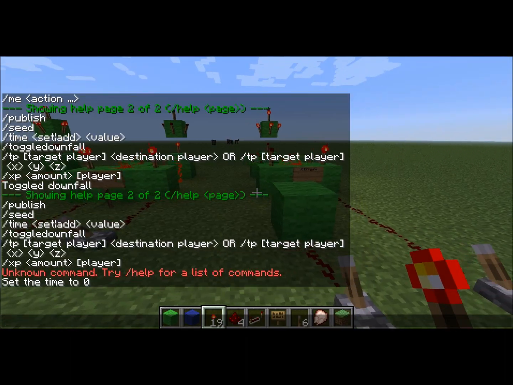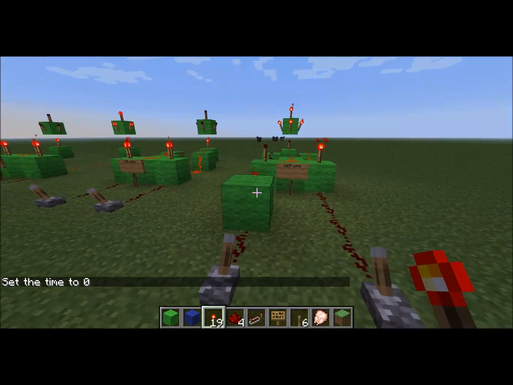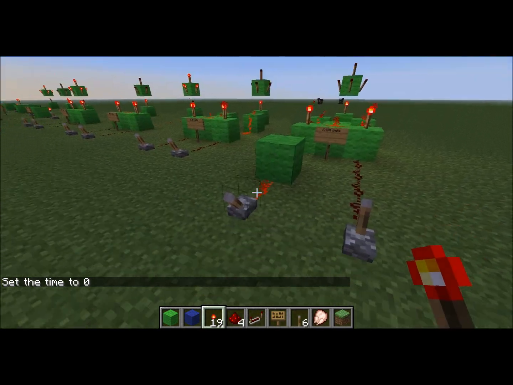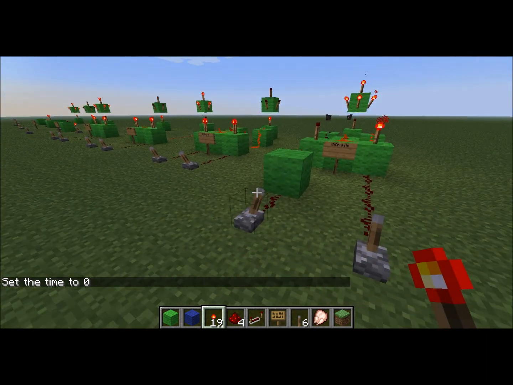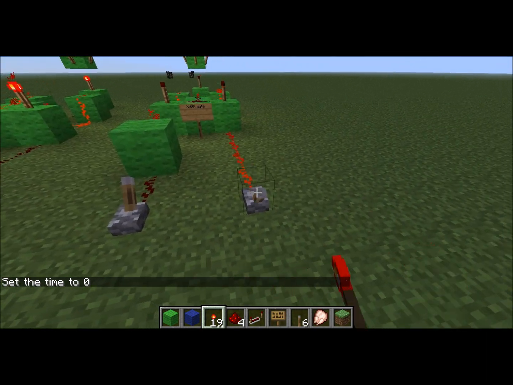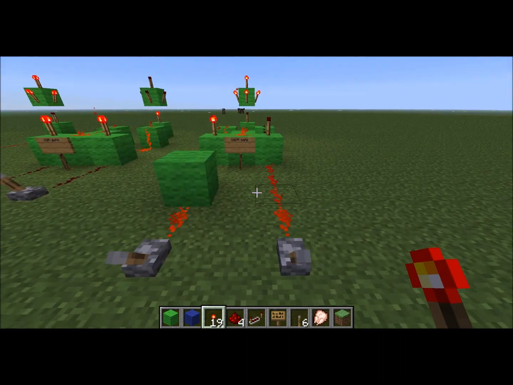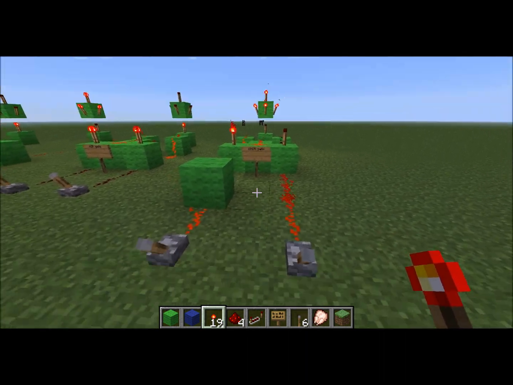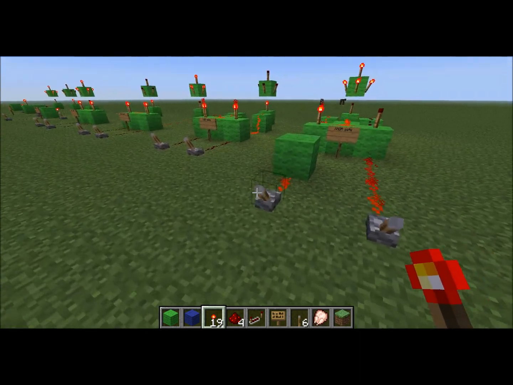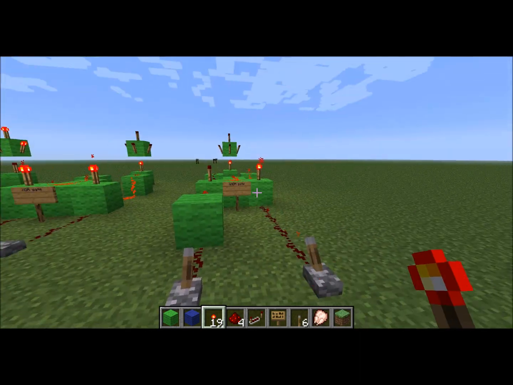But the idea is that anytime a lever changes, it'll also change the output. So normally that would be off, but now it's on. And yeah, this is used for doors.